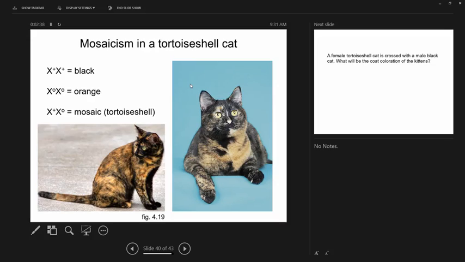It's not like the cell randomly flips a coin each generation. So you get what we refer to as clones of cells. This whole patch here started as one cell. This whole patch here probably started as one cell. There could be some exceptions to that. There could be two cells here, another cell up there.